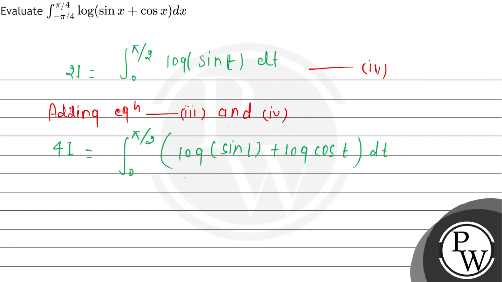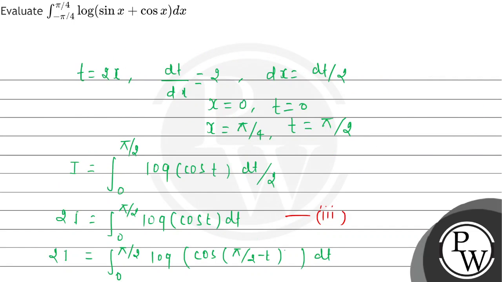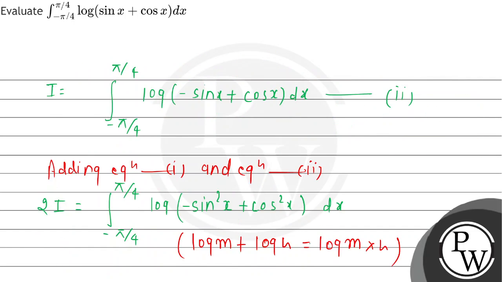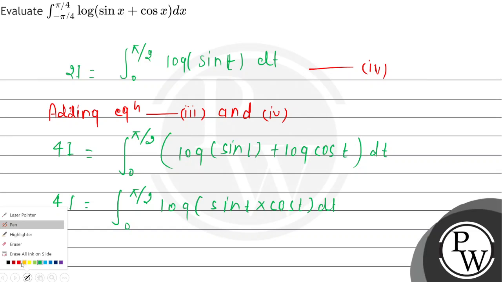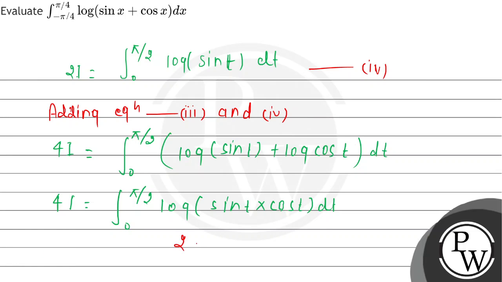First of all, here we know the logarithmic formula, that we will use again. So we can write from 0 to pi by 2, log sin t into cos t. Now we'll use the trigonometric formula: 2 sin t into cos t can also be written as sin 2t.